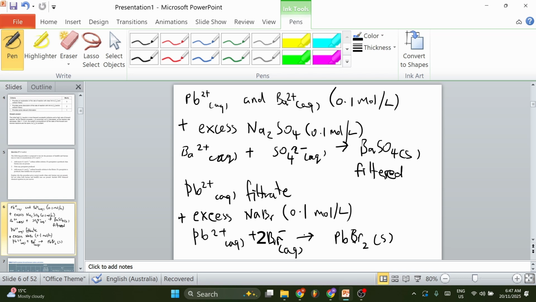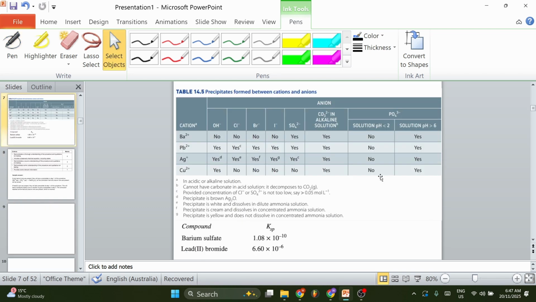Now let's have a look at the theory to determine which precipitate is actually formed in the sequence of events. We have a mixture of lead-2 plus ion and barium 2 plus ion. Excess sodium sulfate was added to the mixture. What should we expect in our answer? Well, let's look at the table. We can see that barium 2 plus and lead-2 plus both precipitate.